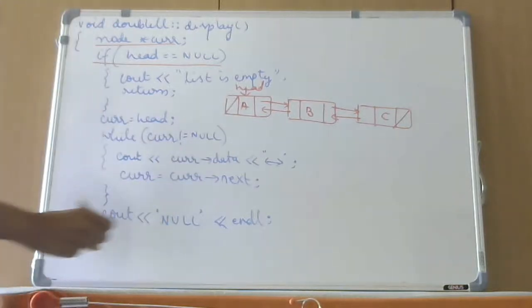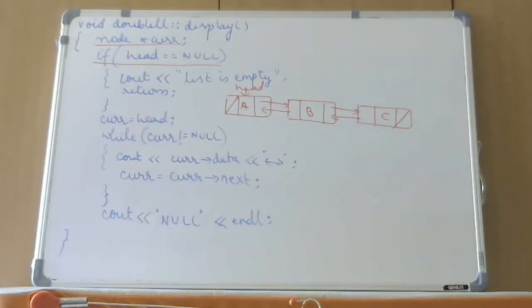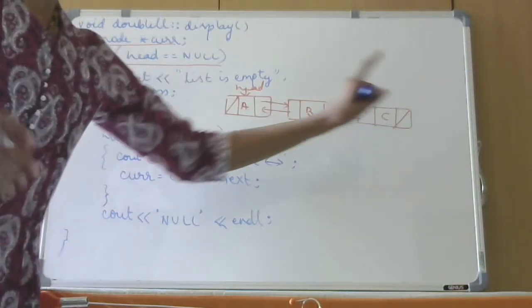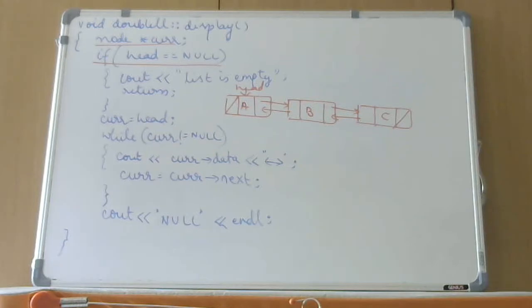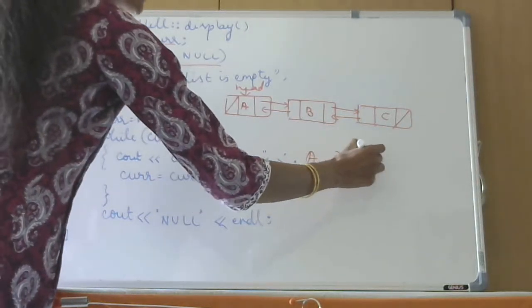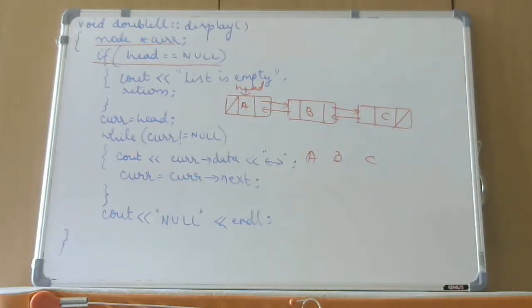Head is pointing at A. We have three nodes A, B and C. If you observe, previous of A is null, next of C is also null. Now, how do I display? Let me say I am displaying in the forward direction. I want to display it as A, B and C.